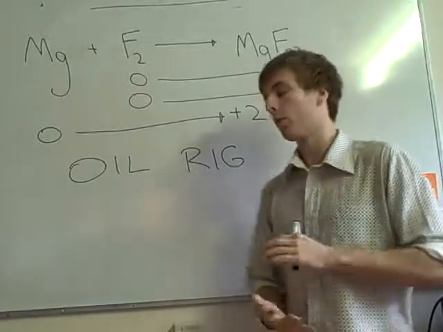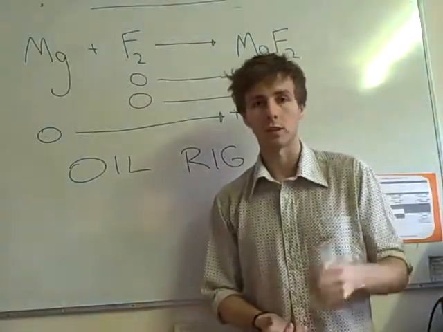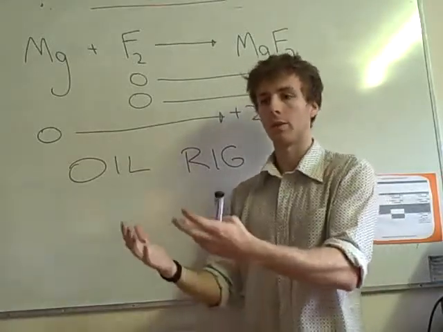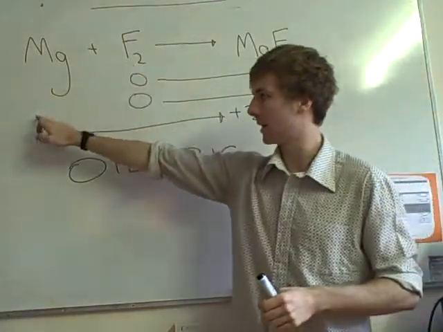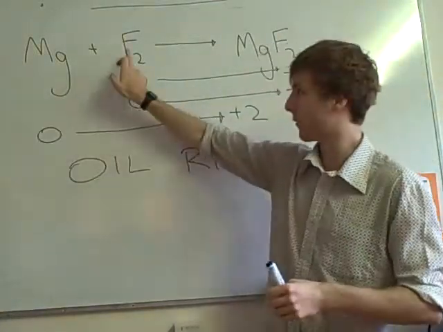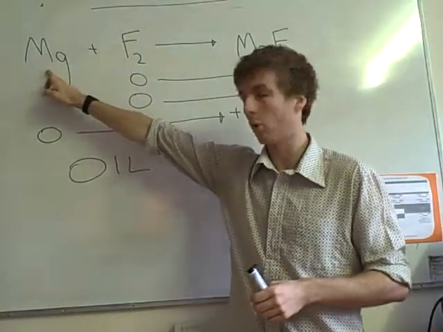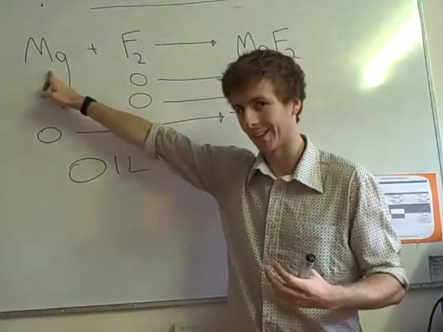Now, there's one other thing we need to know about, and that is oxidizing agents and reducing agents. An oxidizing agent is something that causes something else to be oxidized. My fluorine caused the magnesium to be oxidized, so my fluorine is my oxidizing agent. And my magnesium caused my fluorine to be reduced, so my magnesium is a reducing agent.